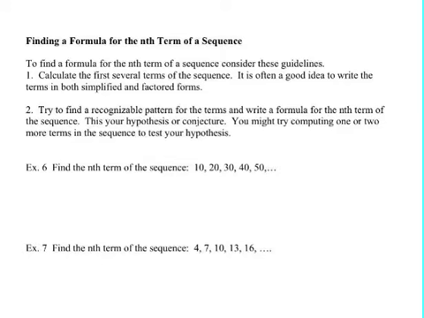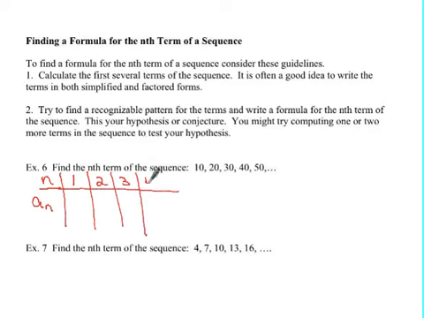So if you look at example 6, here's what I like to do. I like to make a chart for n and then what would be the nth term. Because then I can often see a relationship between the n and the term value.